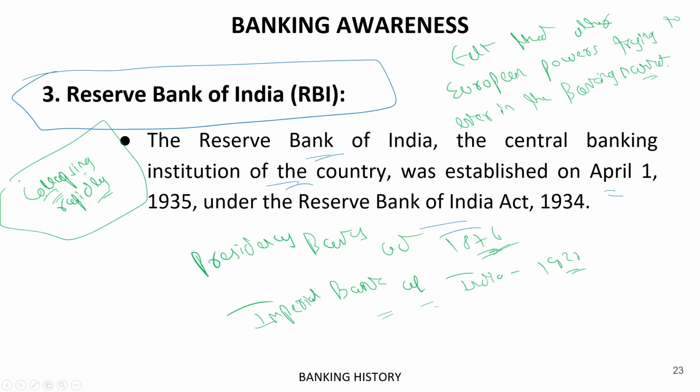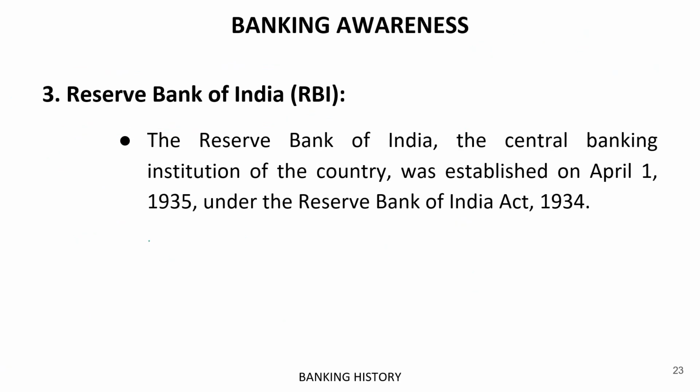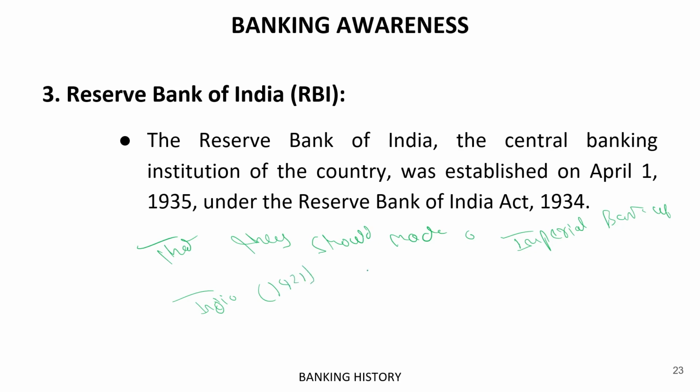And even the other European powers were trying to enter into the banking market of India. So the Britishers were in deep thought about what should be done, and then some of them decided that they should make the Imperial Bank of India the Central Bank of India.